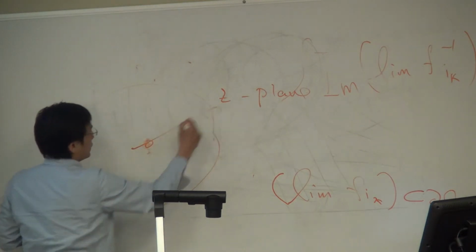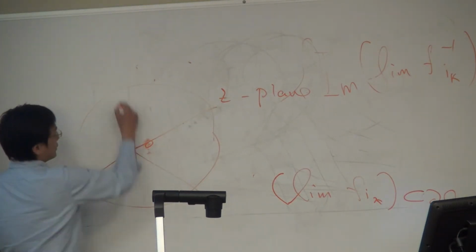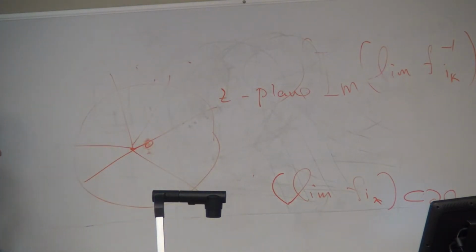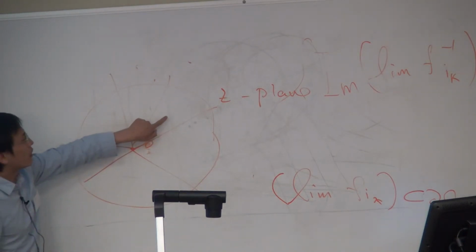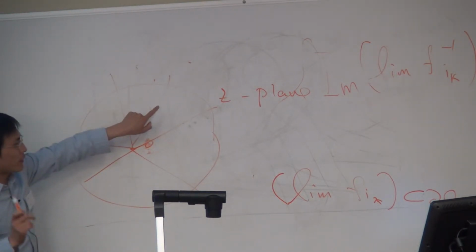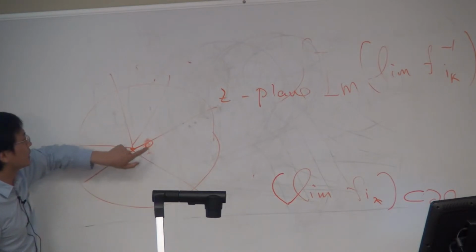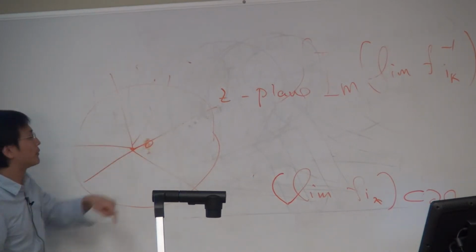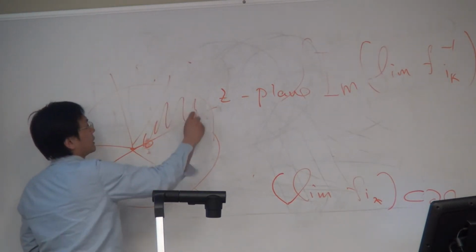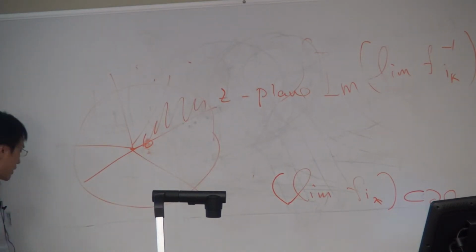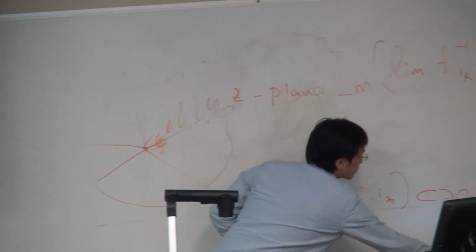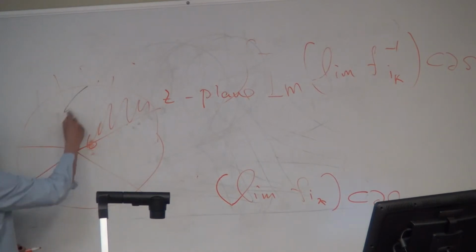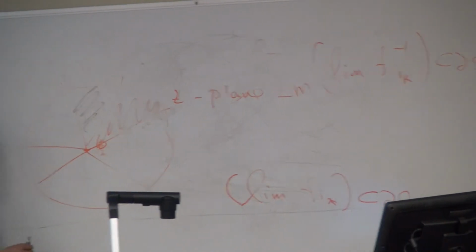So I can have a lot of sectors, and since pseudoconvexity is just determined by the argument of Z, it happens like this. For example, this sector could be strongly pseudoconvex, but this sector is strongly pseudoconcave.